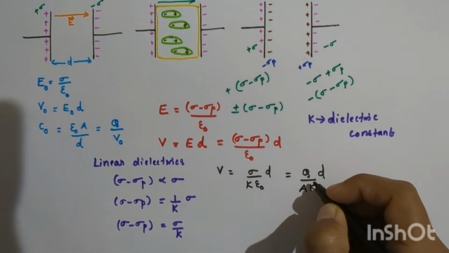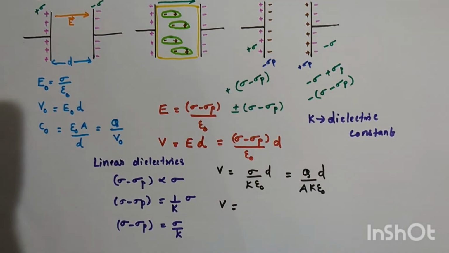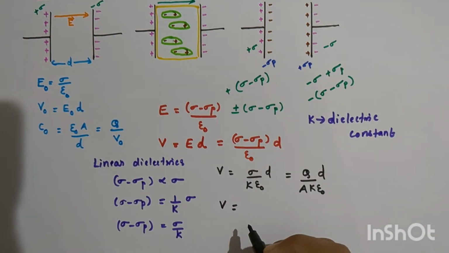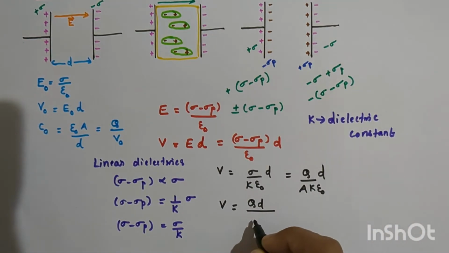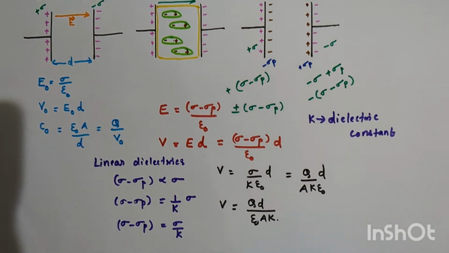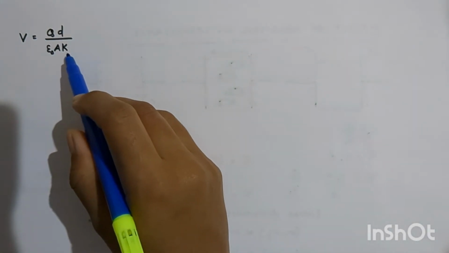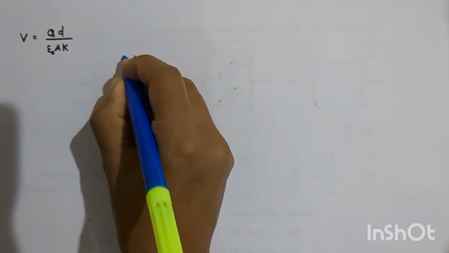That is, the potential difference between the two plates of the capacitor after the dielectric is inserted can be written as V is equal to Q into D divided by epsilon 0 A into K. So we got the expression for the potential difference between the two plates of the capacitor as V is equal to Q into D divided by epsilon 0 into AK.